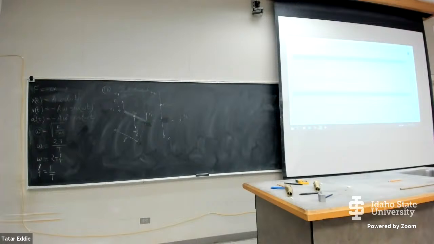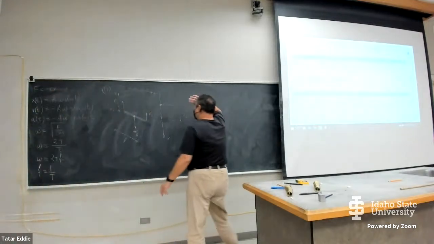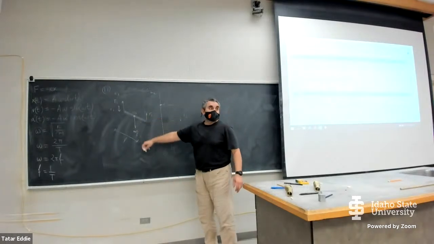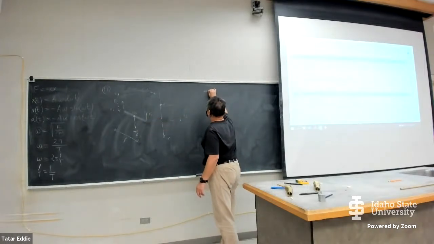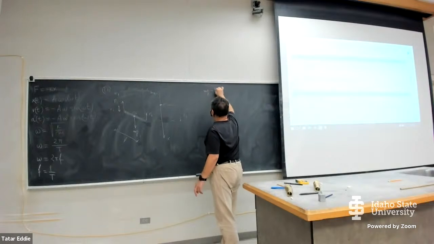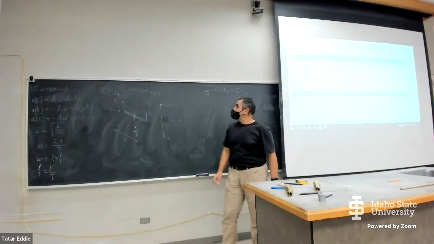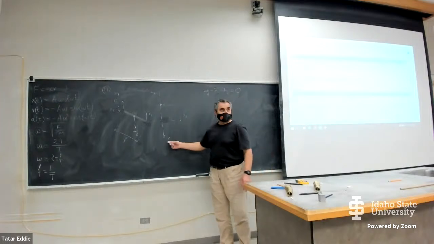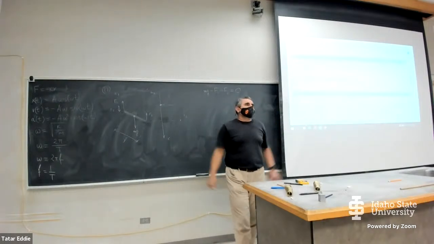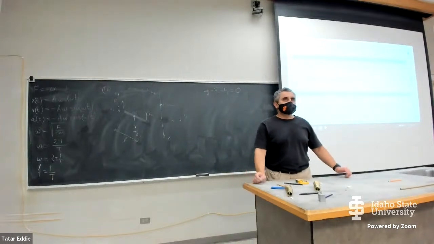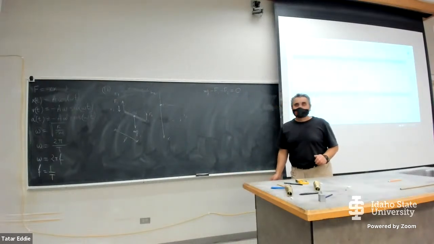The condition for equilibrium is the net force acting on the stick to be zero. So let's see what the net force is. Well, you have mg in the positive direction in my coordinate system. You have F1 in the negative direction, F2 also in the negative direction. I selected the positive direction to be down. It doesn't matter where you select it, but once you select it, you have to stick to that.